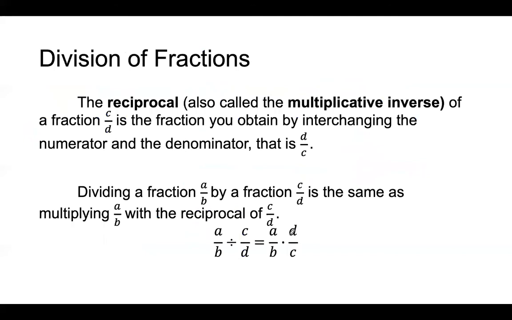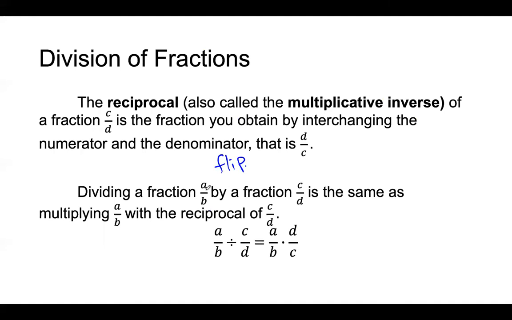Now there's division of fractions. So the reciprocal, it also has other names like multiplicative inverse of a fraction. The reciprocal of C over D is the fraction you obtain by interchanging the numerator and denominator. So if you have C over D, you have D over C. You just flip them. That's the idea.